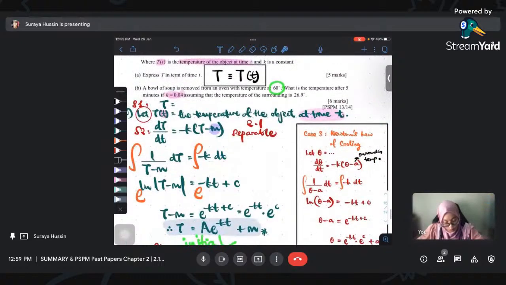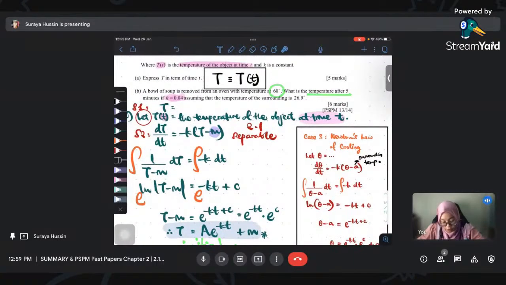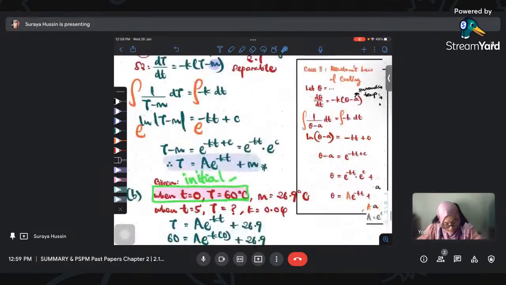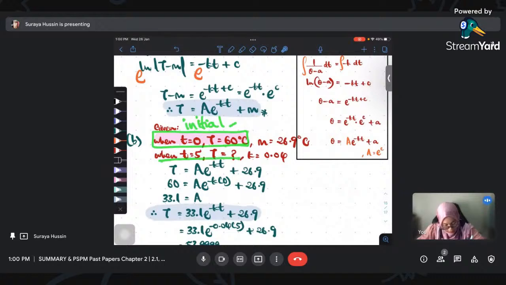So tulis macam tu. So what is the temperature after 5 minutes? So tulis macam ni. T is equals to 5. 5 means 5 minutes. What is the temperature after 5 minutes? Of course, the temperature will be dropping, right? Bawa dia keluar, lama-lama mestilah dia makin sejuk. Takkanlah makin panas pula.